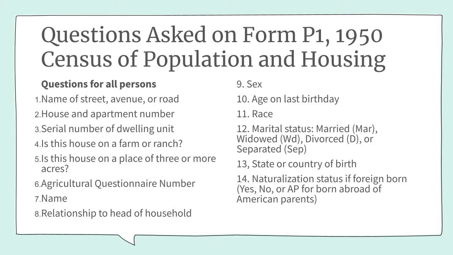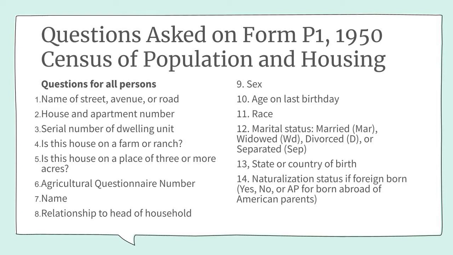Now, the questions on the standard form P1. When you take a look at the questions for all persons: address, house and apartment number, serial number of the dwelling unit, this house on a ranch or farm, this house on a place of 3 or more acres. Then it asks the question about an agricultural question and number, the name of the person, relationship to the household, the sex, the age on the last birthday, race.